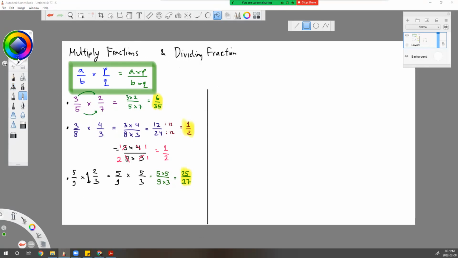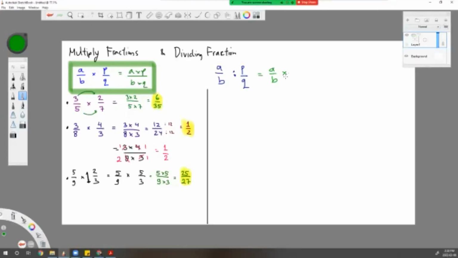Okay, now dividing fractions. For example, if I have a over b divided by p over q, it equals a over b multiplied by the reciprocal of the second fraction, q over p.